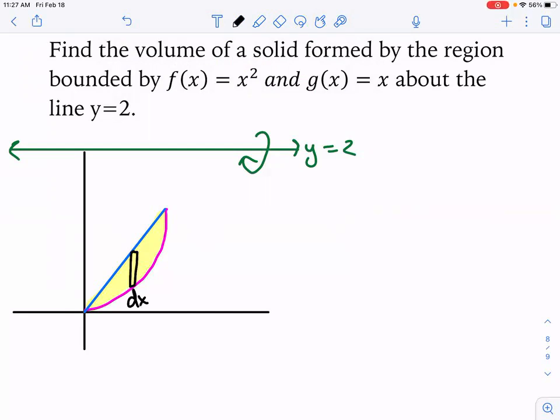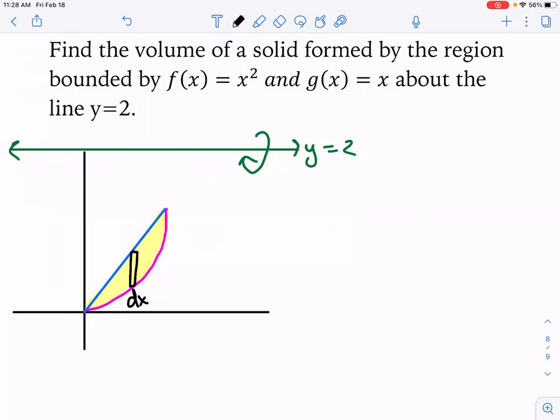This changes everything. It's kind of an annoying one.